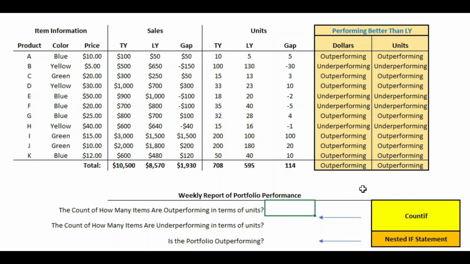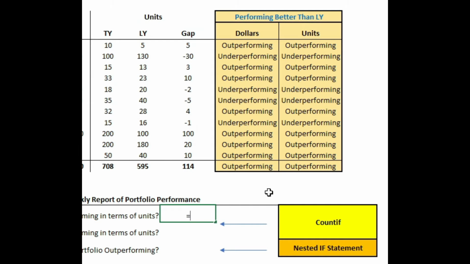So in order to count how many products are outperforming without actually having to do it manually, we put equals and the word Countif to activate our function. Then we go up here to the range, which is M5 to M15, and we're going to press F4, just a good best practice to lock down the cell range.